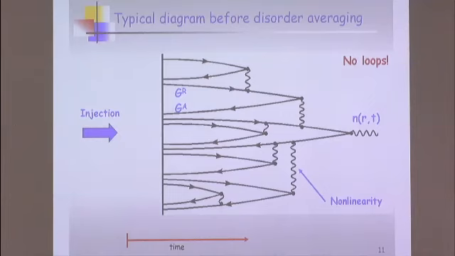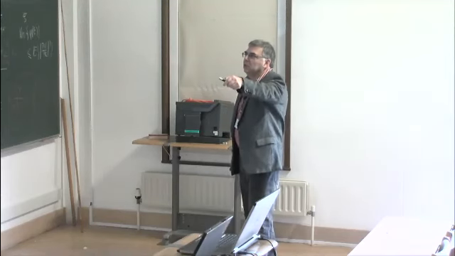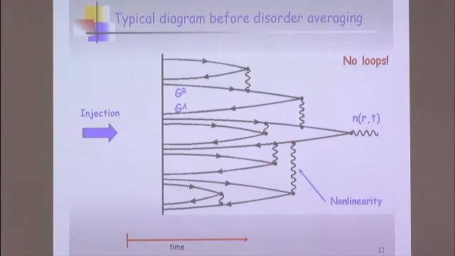Okay, so if one looks at what kind of process we are discussing, this line is just a manifestation of nonlinearity. That is our propagation. This vertical line symbolically tells us what happened in the initial moment, so that is injection. This kind of thing is telling us how wave packets propagate along the different trajectories, then just because of nonlinearity it starts to influence further propagation until somewhere here there is the point in space and time where density can be recorded.